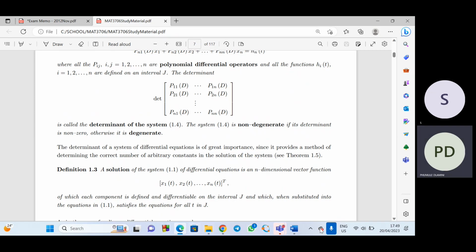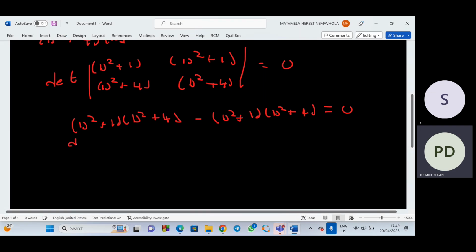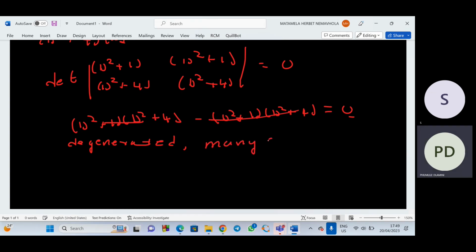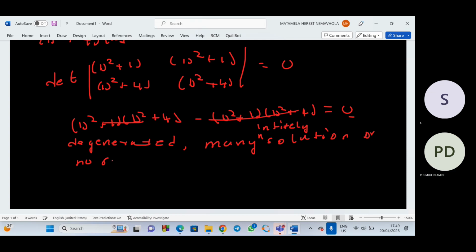Because the determinant is 0, since this minus this equals 0, this system either has infinitely many solutions, or it has no solution.